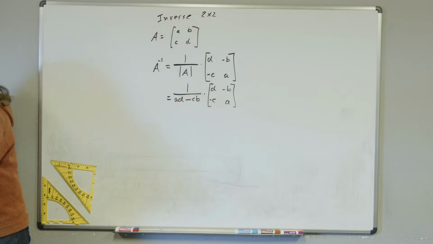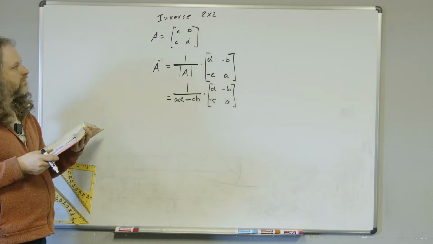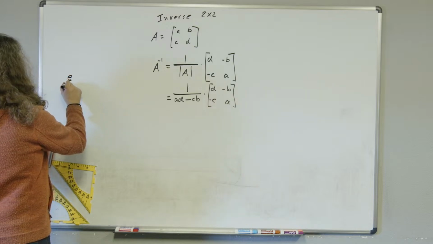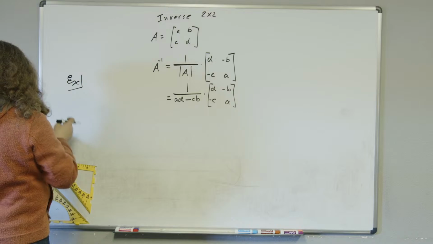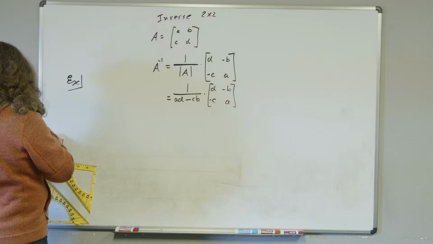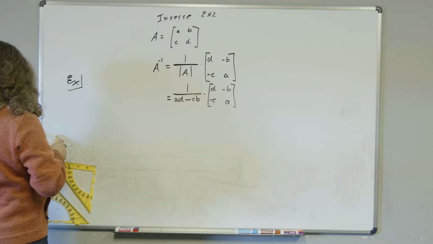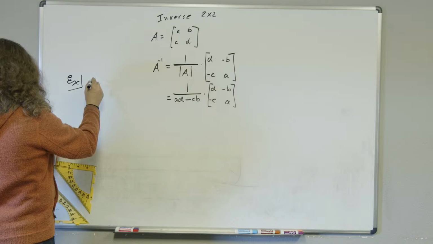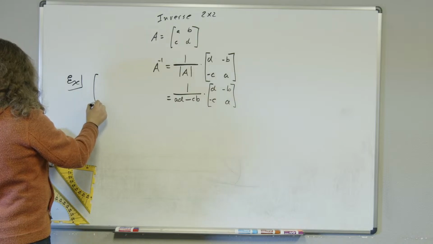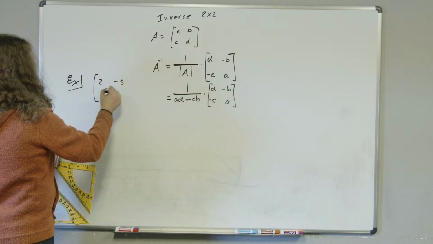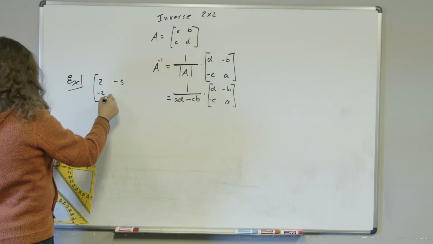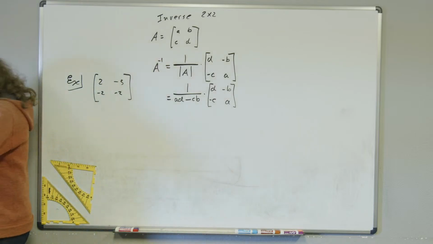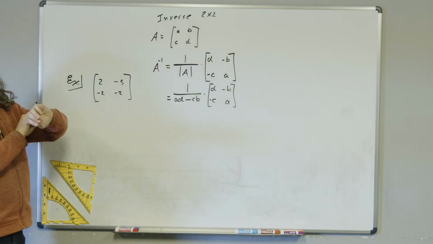Let's do an example. Let's do 2 examples of a 2 by 2, and we'll do one of a 3 by 3. 2, negative 3, negative 2, negative 2. We'll start with that one.